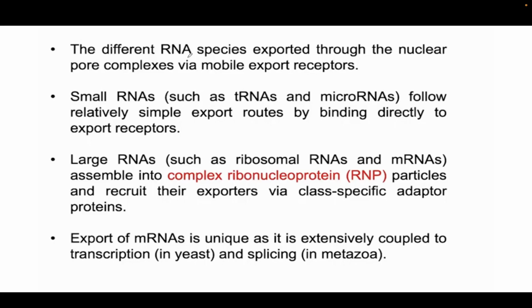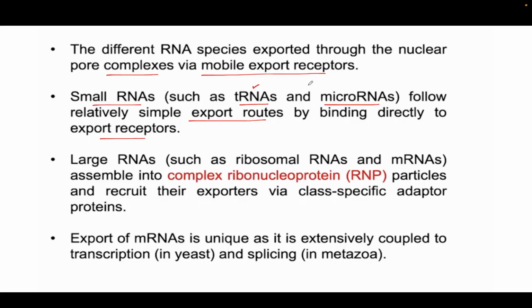The different RNA species are exported through the nuclear pore complexes via mobile export receptors. So these export receptors include your importins and exportins. Small RNAs such as tRNAs and microRNAs follow relatively simple export routes by binding directly to export receptors. These export receptors are exportins. Understood?